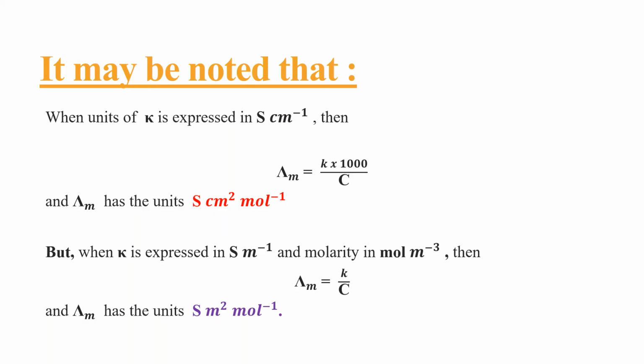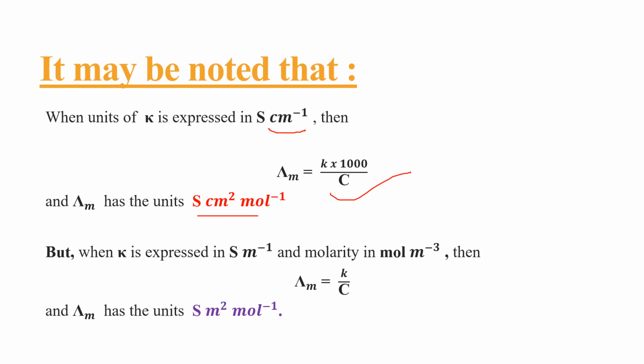It may be noted that when the units of kappa are expressed in Siemens centimeter inverse, the molar conductivity is written as kappa into 1000 upon the molar concentration, and its unit is Siemens centimeter square mole inverse.